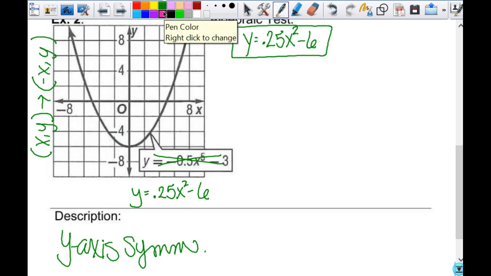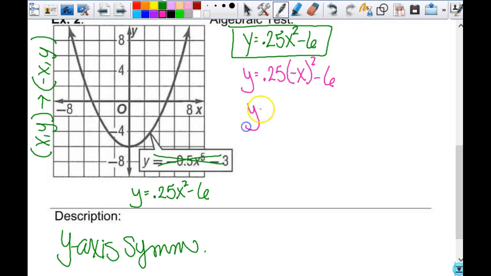Then the algebra test is to take this, which we can understand easily because you've done this multiple times to understand the concept of the points, and you just replace the (x, y) with the (negative x, y). So y is still y, that's equal to 0.25, but x changes to negative x squared minus 6. So negative x squared is what? X squared. Okay, I know, this is a hard question. 0.25x squared minus 6.